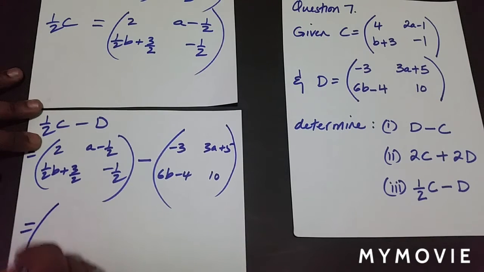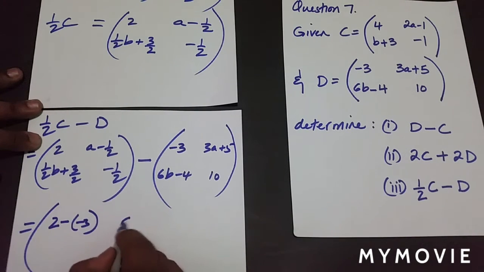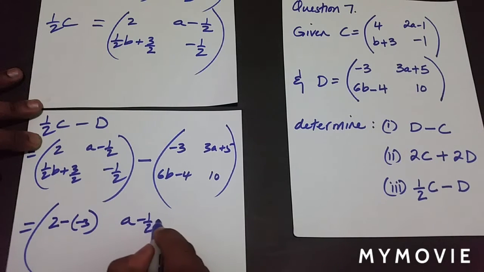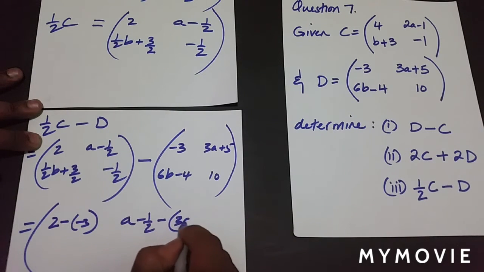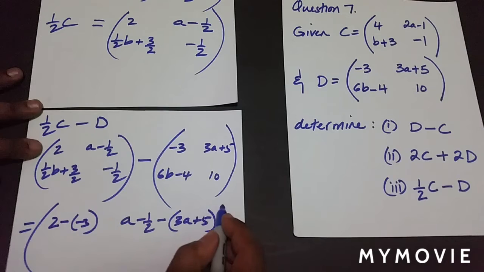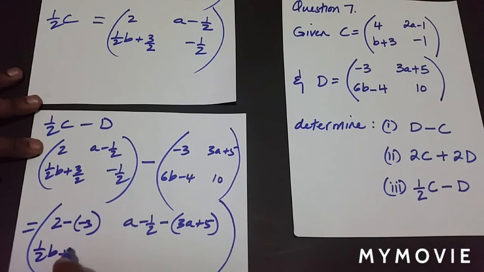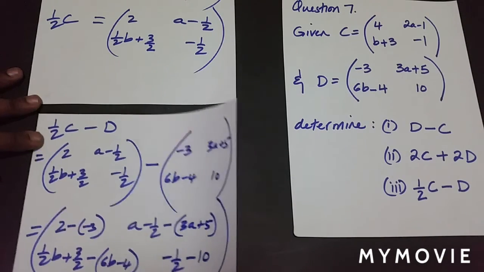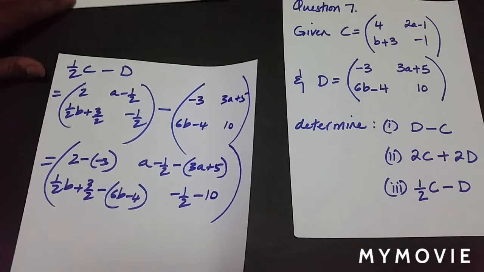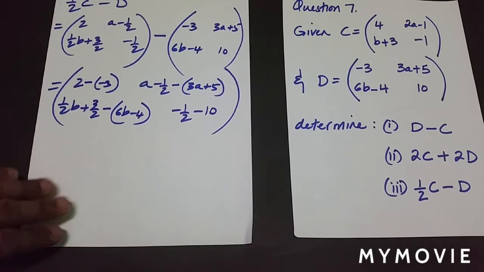So this would give you 2 minus negative 3, a minus a half, minus in bracket 3a plus 5, a half b plus 3 over 2 minus open bracket 6b minus 4 and negative a half minus 10. All right, so we're going to close off with this quickly now.